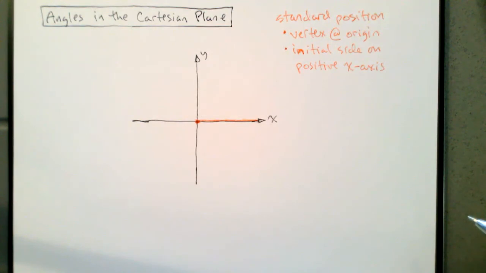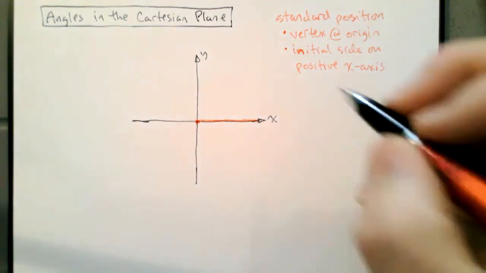Counterclockwise is the positive direction for angles.